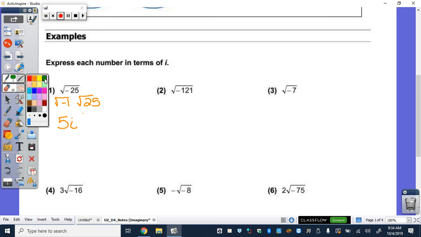All right, second one. Again, I'm going to take out my square root of negative 1, which means I'm left with just the square root of 121. So what is the square root of 121? 11. And again, that square root of negative 1 makes it i, so it's going to be 11i.